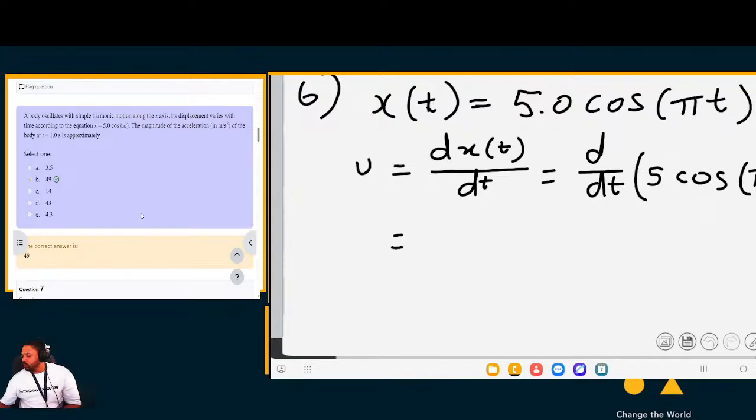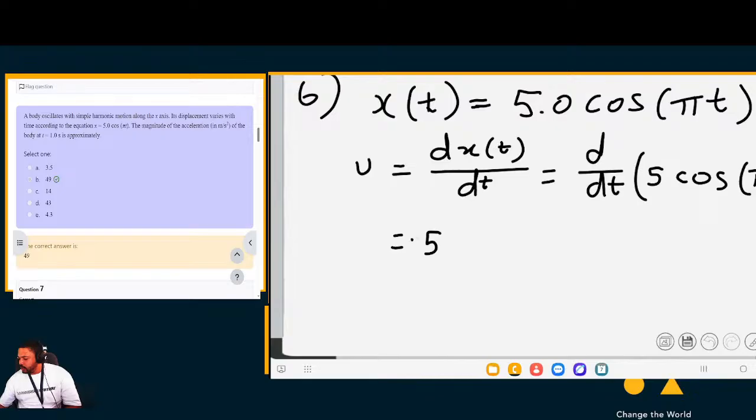Let's continue. If you find the derivative of that function, the 5 is a constant, so it comes out. The derivative of cosine is negative sine.